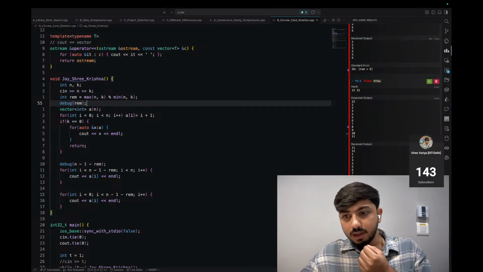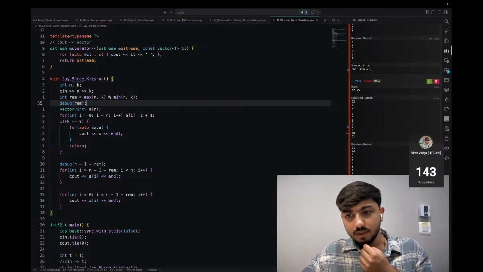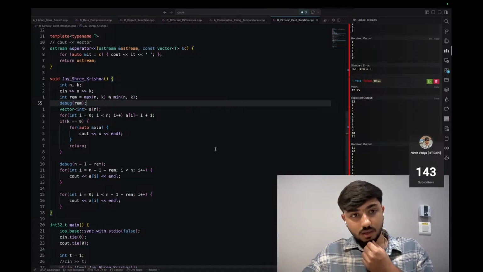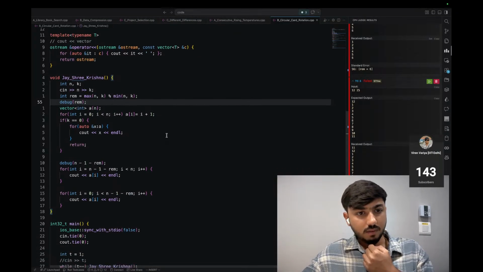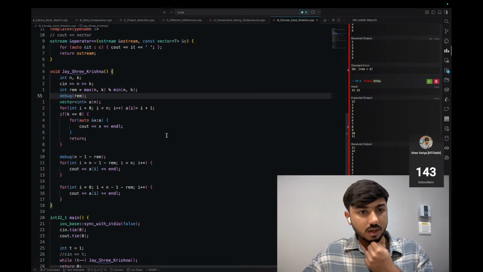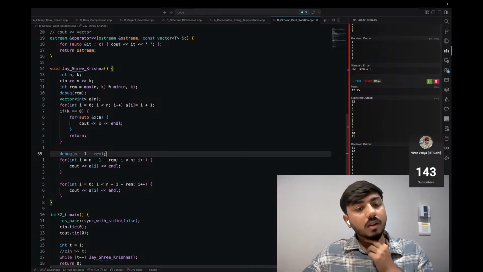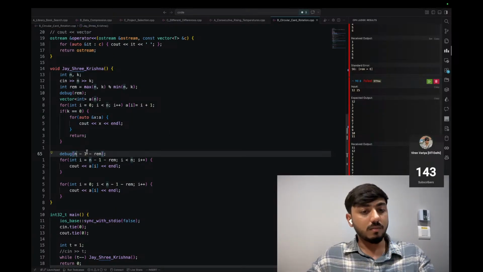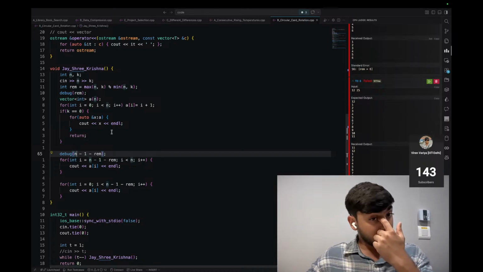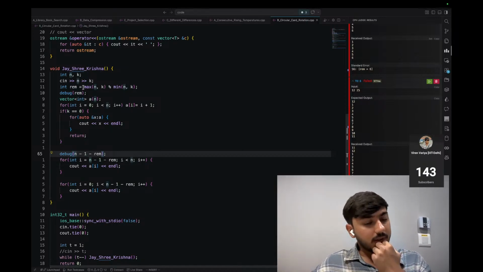What we are getting is n minus 1 minus rem is 10. Okay, where? Here, right? It should be remainder, right?